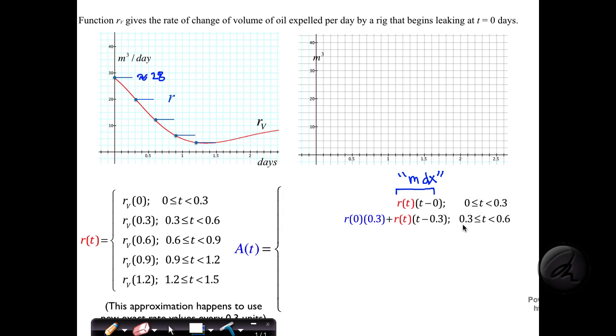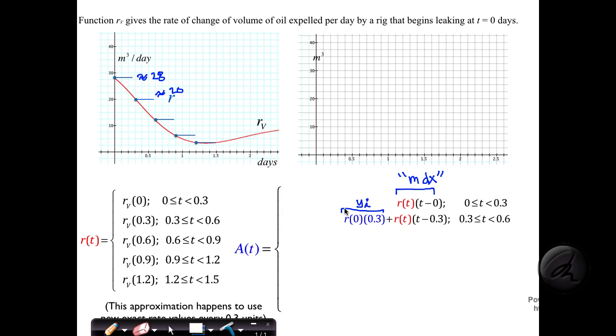For that interval. In the next interval over, we'd use this rate that's about 20. When I'm in the second line, this r sub t now has a value that's about 20. And this is my, again, mdx sort of expression. This here that I have in blue, that's the y initial plus mdx. So where did we start from?